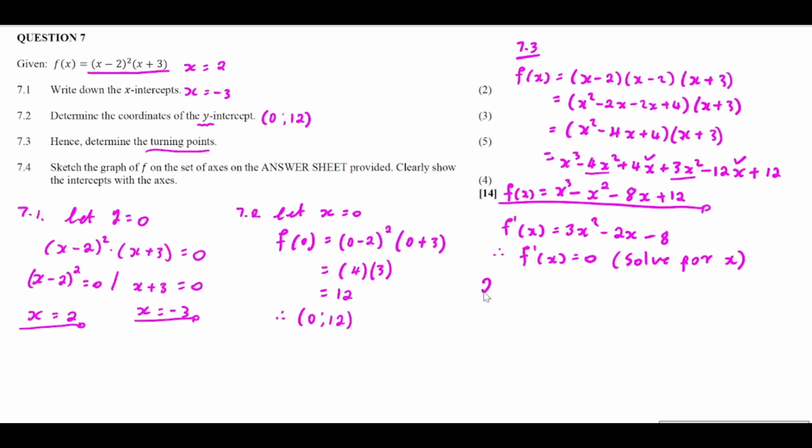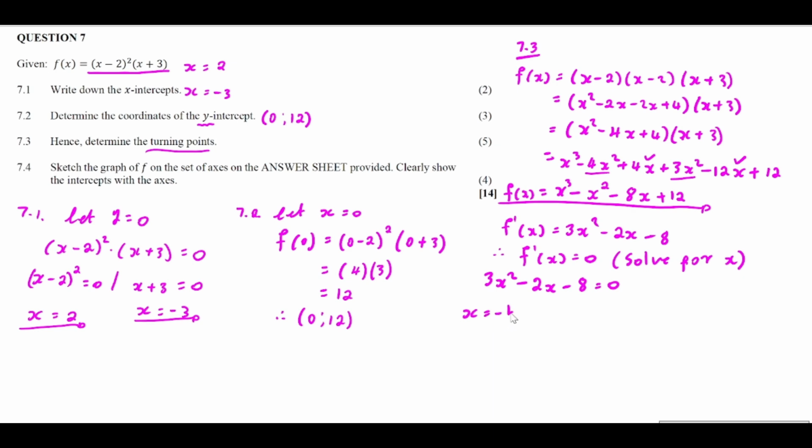So it means that 3x to the exponent of 2 minus 2x minus 8 is equal to 0. I'm going to use the formula here, guys.